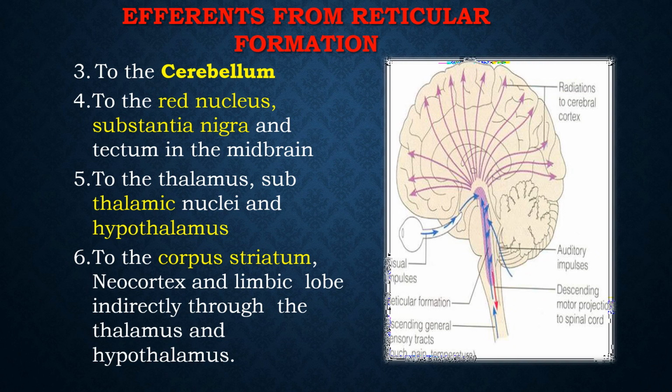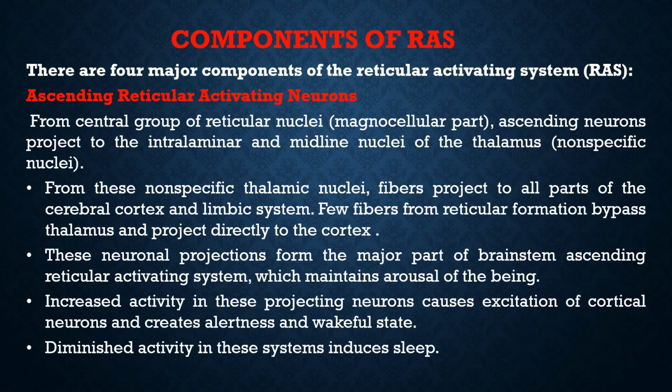And to the cerebellum, some fibers will go, and to the red nucleus, substantia nigra and tectum in the midbrain, and to the thalamus, subthalamus and hypothalamus, and to the corpus striatum, neocortex and limbic lobe indirectly through the thalamus and hypothalamus. So to all these structures, the efferent nerve fibers will go out of reticular formation.